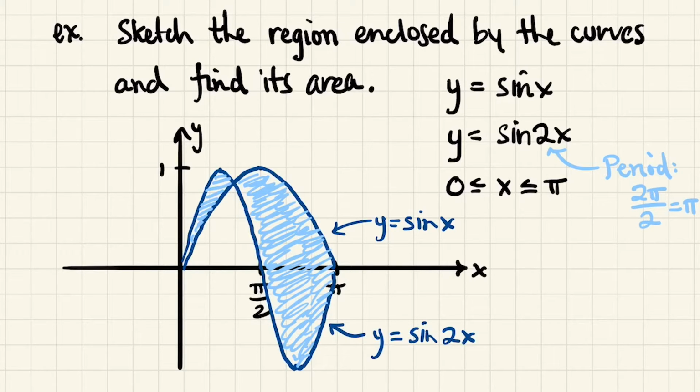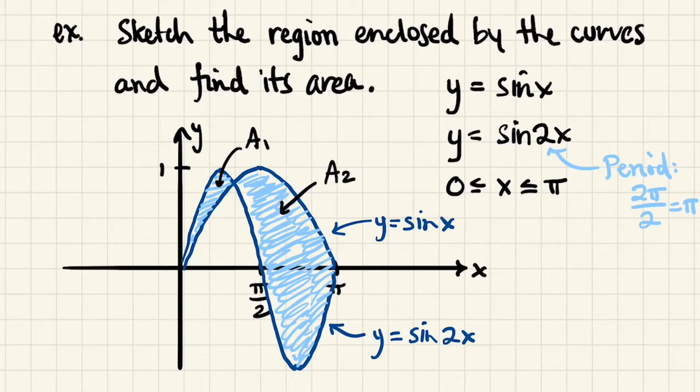So, well, the first thing we should notice is that this region is split into 2 smaller regions. And that presents a little bit of an issue because for the region on the left, let's call this A1, and let's call the region on the right A2.